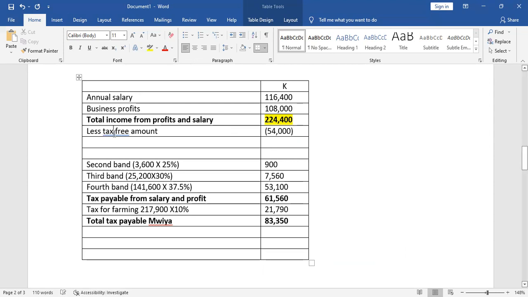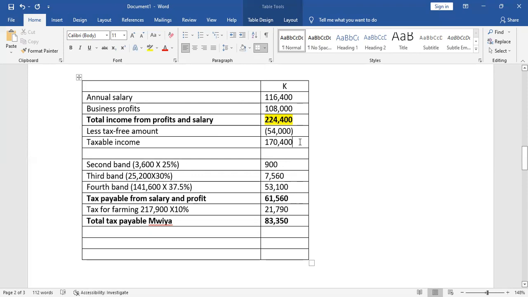$54,000. And then we'll say taxable income. So 224,400 minus 54,000 is 170,400.